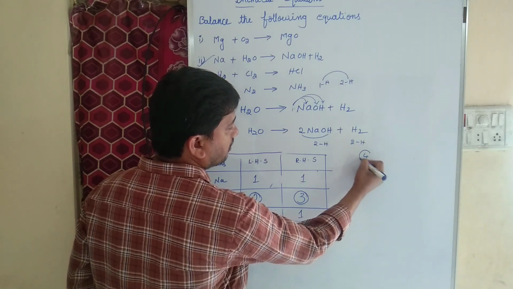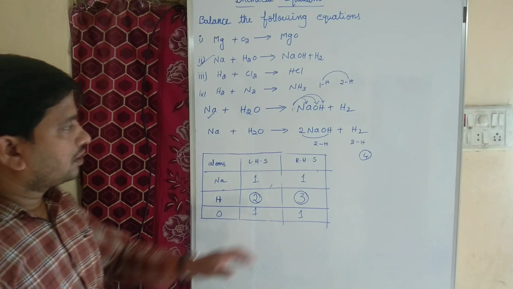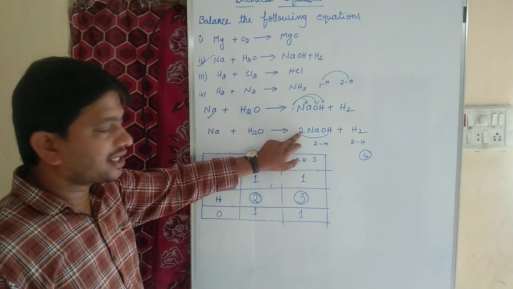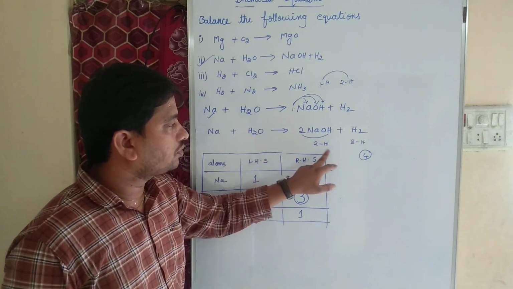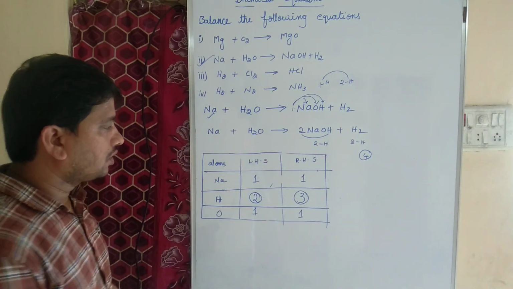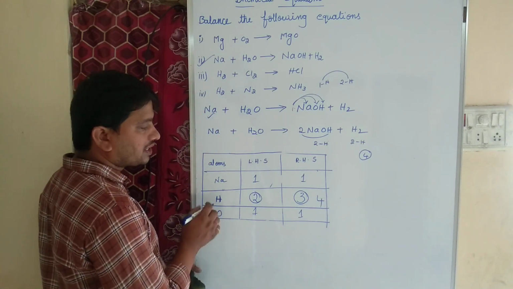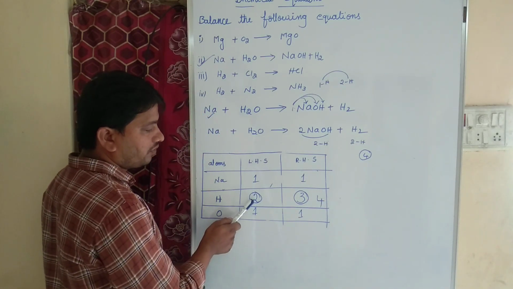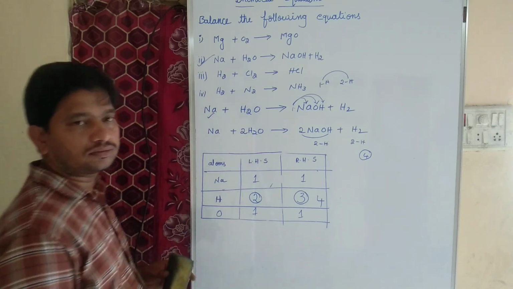Total how many hydrogens will it become? 4 hydrogens. Children, what I did here: I kept coefficient as 2, then 2 plus 2, 4 hydrogen atoms. Now on the left hand side of the chemical equation, we have only 2 atoms of hydrogen. So let me place 2 over here.